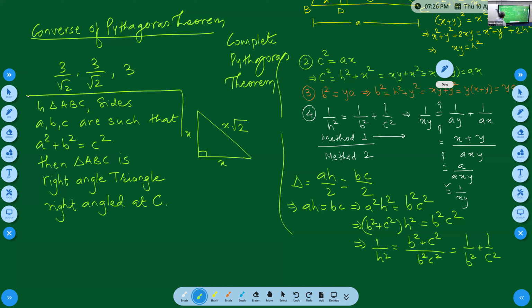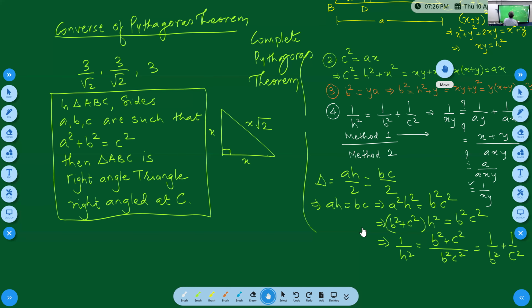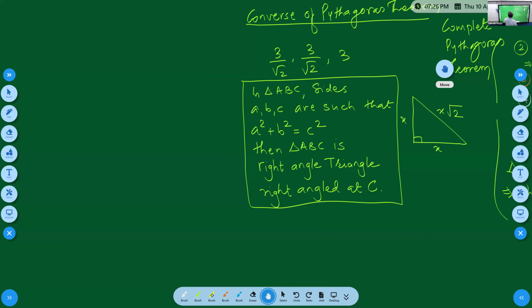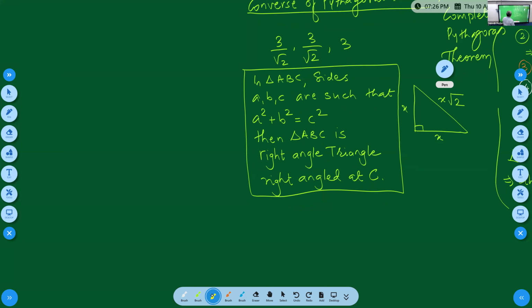And surprisingly, more than 300 proofs are there for Pythagoras theorem, and there is only one proof for converse. Anybody aware of any proof of converse of Pythagoras theorem?